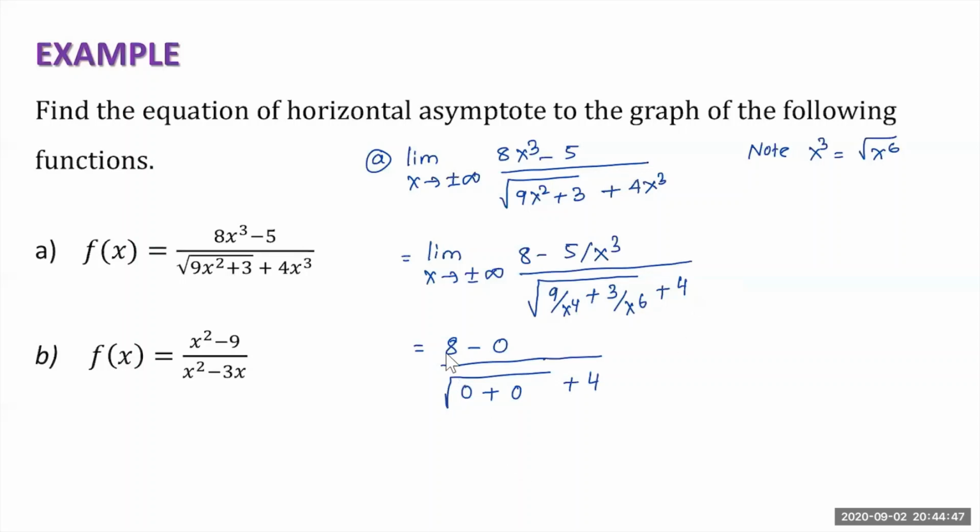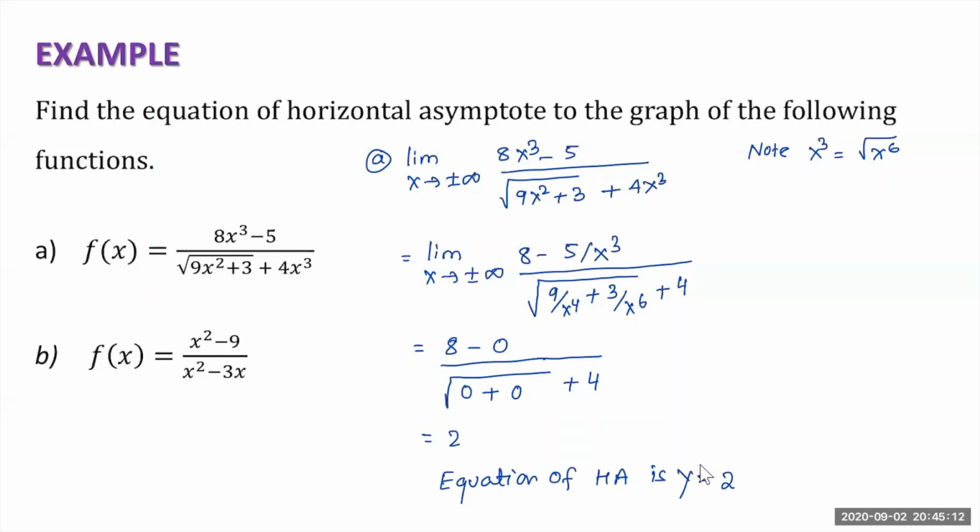So this is the same as 8 divided by 4, which is equal to 2. The equation of horizontal asymptote is y equal to 2. So that's how we can find the equation of horizontal asymptote.